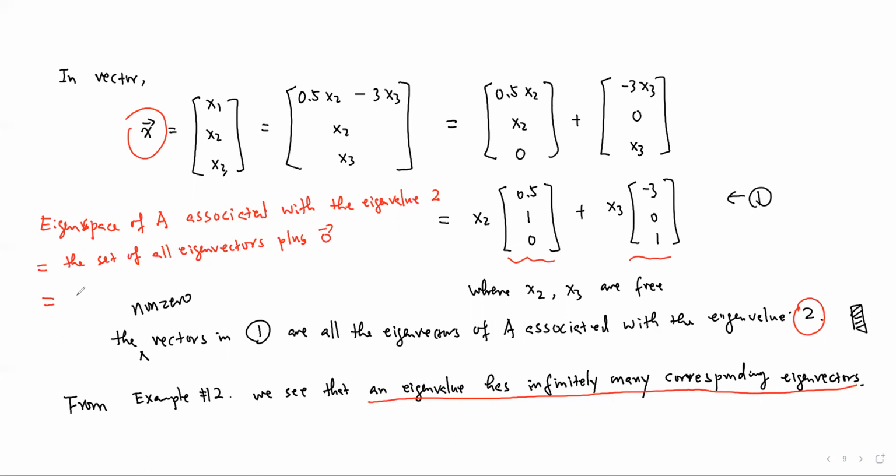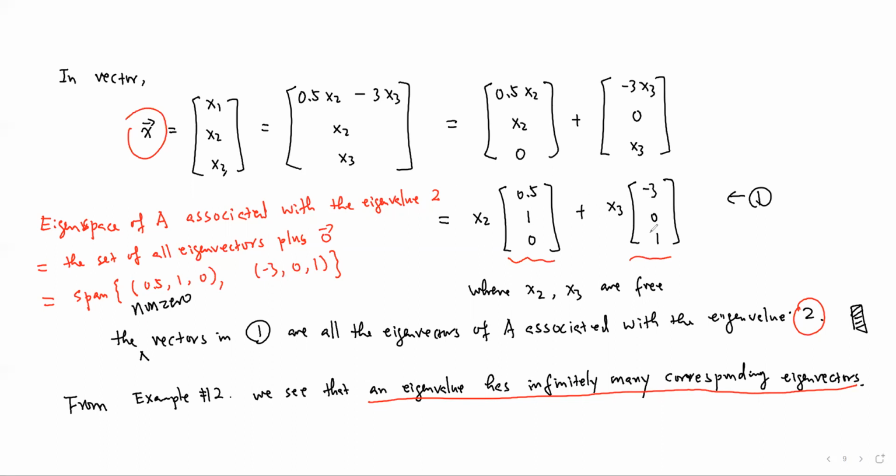So actually, this is a span, the set spanned by these two vectors. Let me write the first vector as a point to save space: (0.5, 1, 0) and (-3, 0, 1). So in example 2, the eigenspace corresponding to eigenvalue 2 is the set spanned by these two vectors.